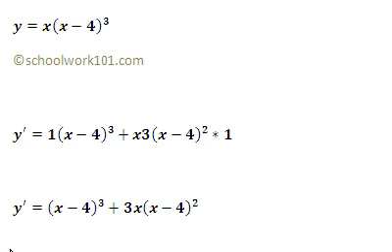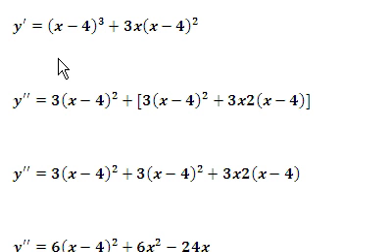Now we want to take the derivative again, because we're trying to find the second derivative. So we go ahead and take the derivative of x minus 4 raised to the third power. Take the 3, bring it out front, rewrite everything in parentheses, subtracting 1 from the exponent. And of course, if you took the derivative of the inside and chained it out, it would just be 1. So we're good on that. Okay, this over here, we're going to be using the product rule again.